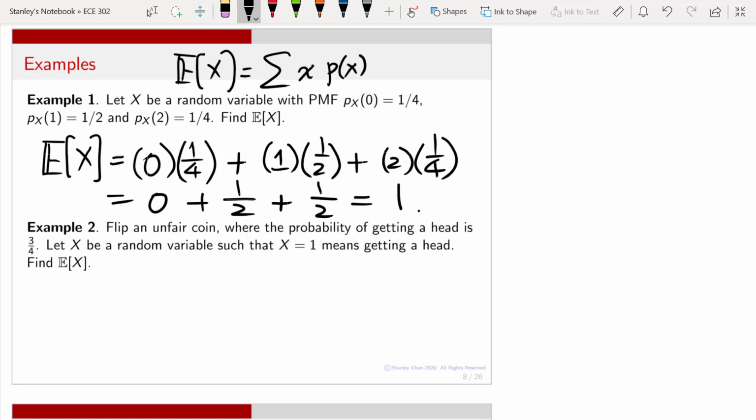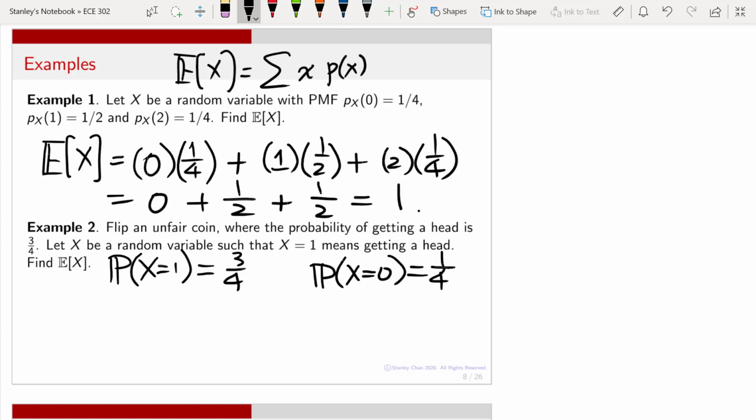Now example 2 is the following. Suppose you flip an unfair coin where the probability of getting a head is 3/4. Let x be the random variable such that x equals 1 means getting a head. Find the expectation of x. So you have that the probability x equals 1 is 3/4. And since you are flipping a coin, there is only one more case, which is the complement of the first case.